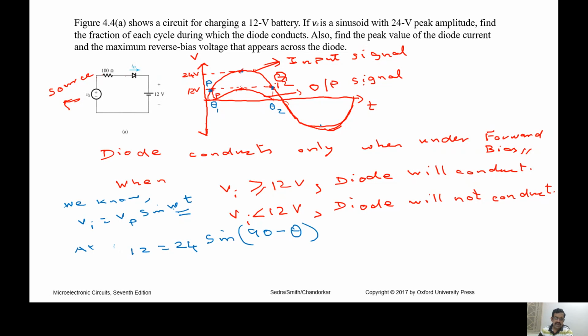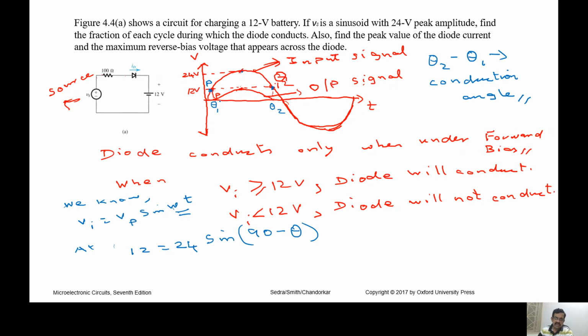The entire full cycle is 360 degree. So theta 2 minus theta 1 will correspond to the conduction angle. Now 12 volt equal to 24 sine of 90 minus theta. Why did I put 90 minus theta?